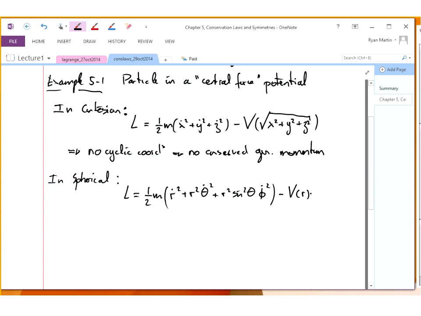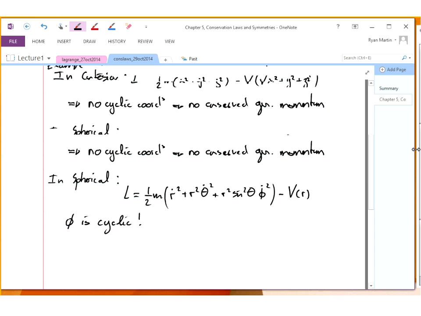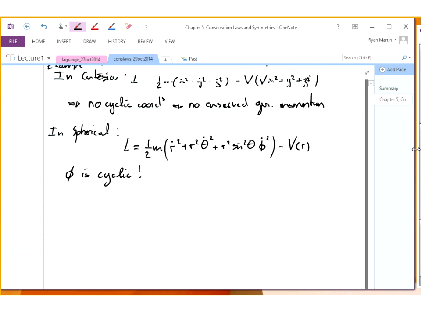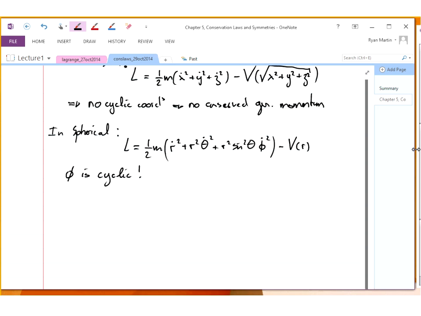So let's look for cyclic coordinates. r is not cyclic because it appears both in the kinetic energy and in the potential energy. Theta is also not cyclic because it appears in the kinetic energy, in the sine squared theta phi dot squared. However, phi is cyclic. So the generalized momentum that goes with phi is conserved.